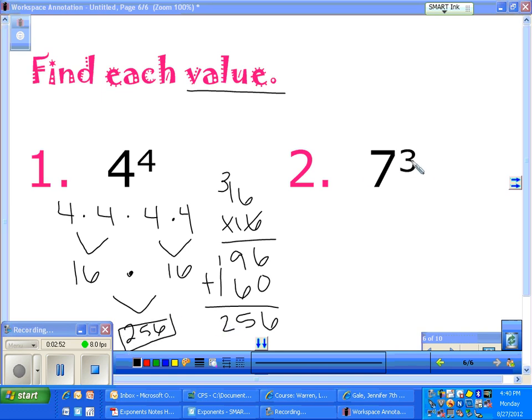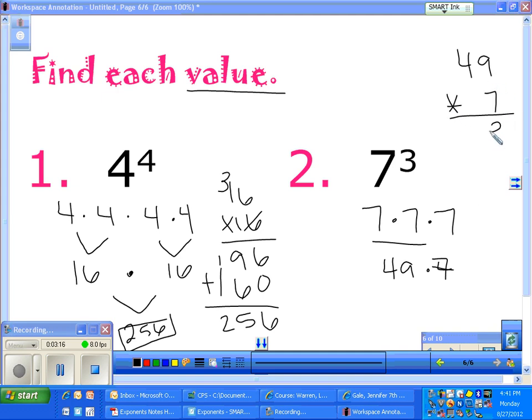Now, 7 cubed is the same thing. You're going to start by writing out 7 times 7 times 7. 7 times 7 3 times. We know that 7 times 7 is 49. And then we can multiply 49 times 7. 9 times 7 is 63. 4 times 7 is 28.